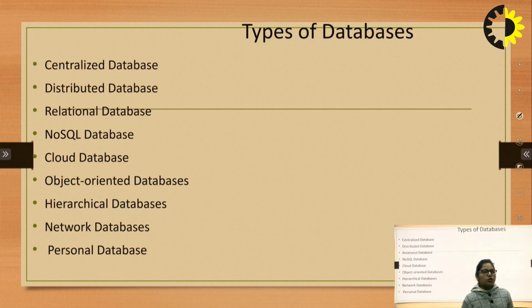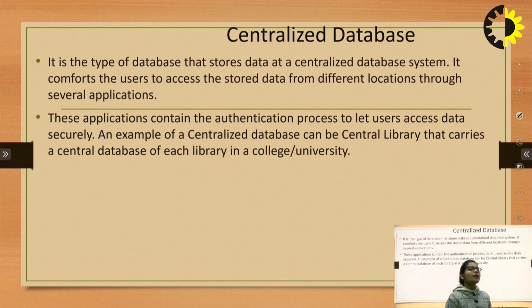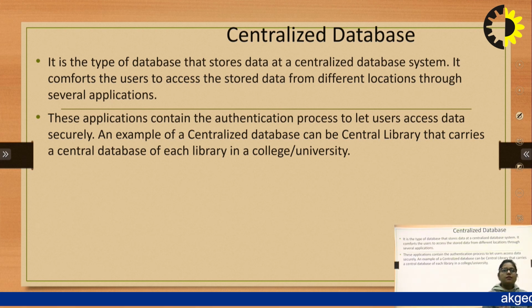We have lots of types: centralized database, distributed database, relational database, NoSQL database, cloud database, object-oriented database, hierarchical database, network database, personal database. Now first, what is a centralized database? A centralized database is a database that stores data in a centralized data system.